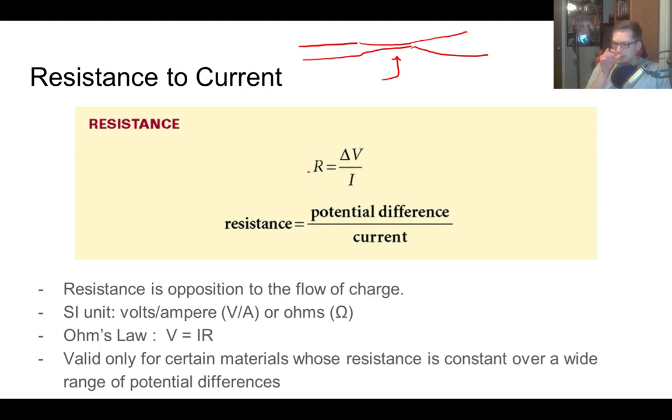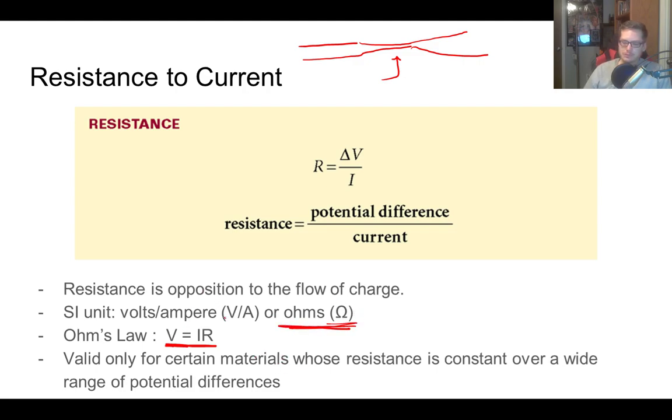The formula is simply the change in voltage over the current. You might also see this written as Ohm's law, V equals IR, super popular. The SI unit for resistance is volts per ampere, and really it's just ohms, which has about the coolest symbol ever in my opinion.